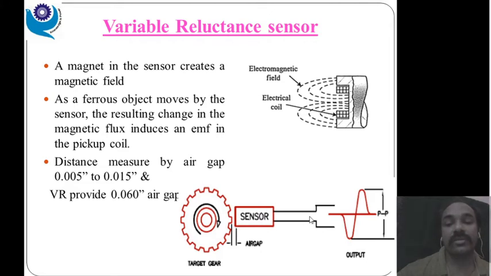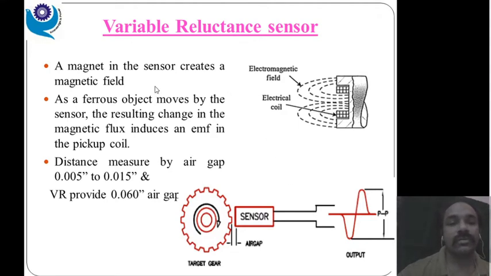We get a negative and positive sine wave over here, in analog form, and further it is converted to digital format for processing. The signal conditioning part, amplifier part, and counter part are used for display, so we can count the number of revolutions or the speed.